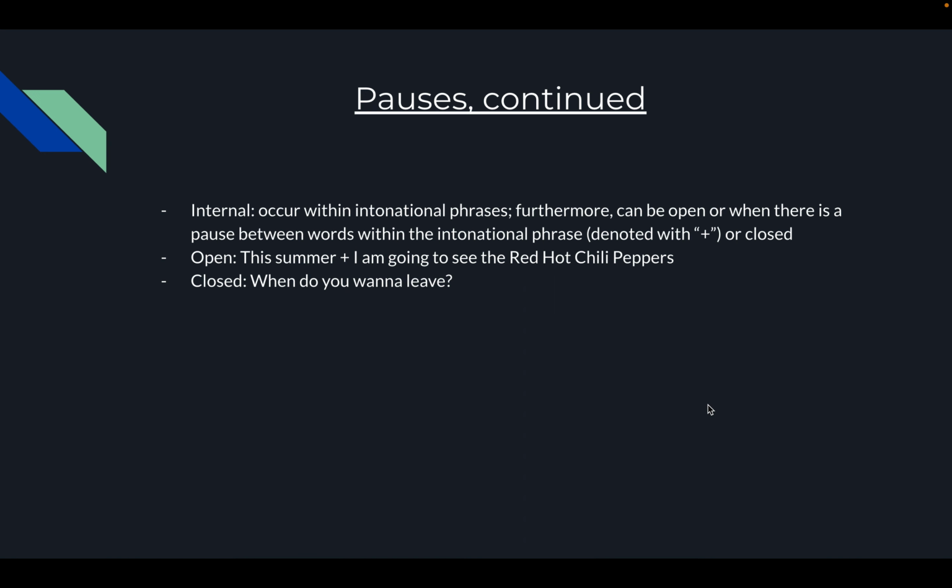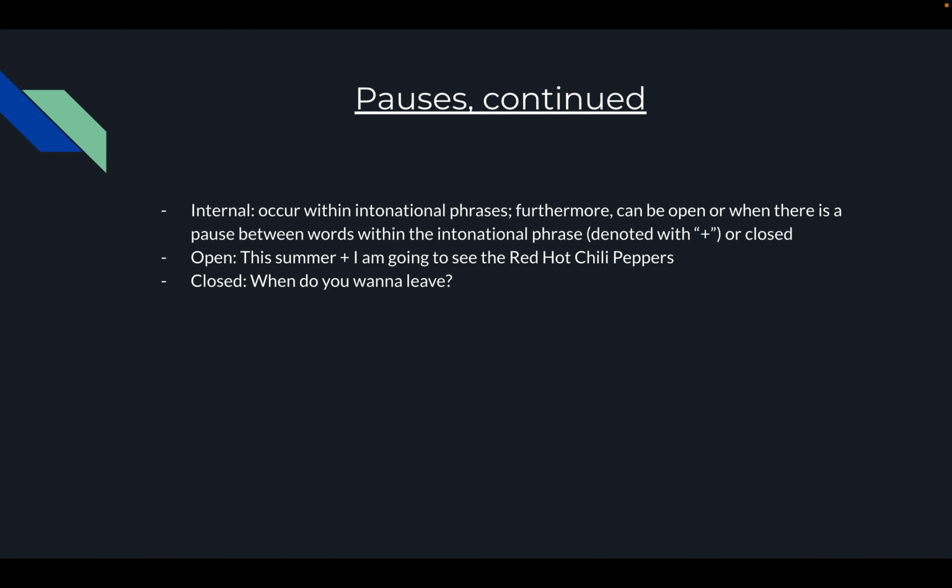And then pauses continued. So internal junctures occur within intonational phrases. Furthermore, they can be open, which is when there's a pause between words within the intonational phrase, which is denoted with a plus sign, or closed, so there's no pause.